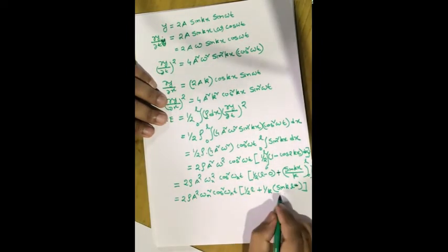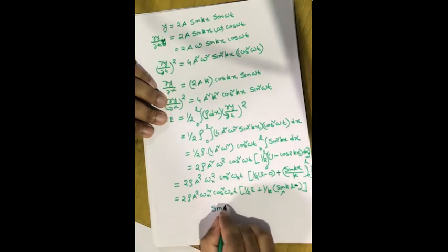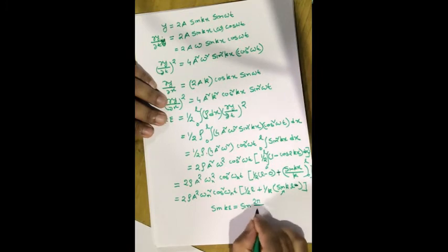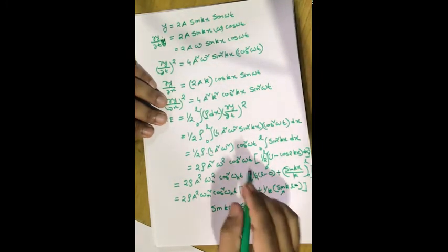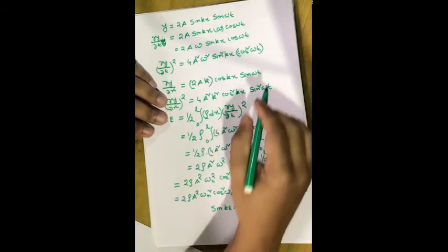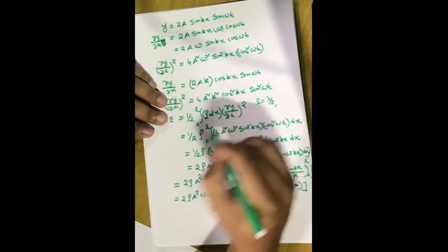Now we are going to find the value of sin kL. As you can see, sin kL is equal to sin of 2 pi over lambda times L, right? And for excitation of a standing wave, as I have already told you, L should always be equal to lambda by 2. We have found it.